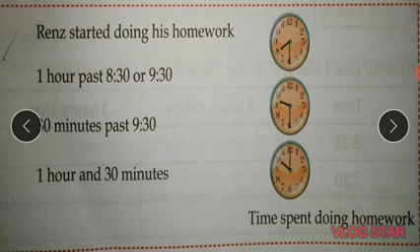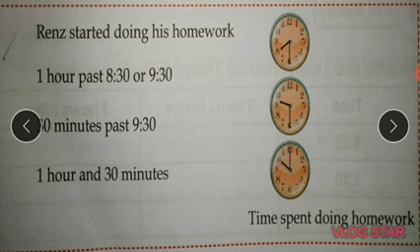So from 8:30 to 9:30, that is 1 hour. From 9:30 to 10, that is 30 minutes. So that would be 1 hour and 30 minutes. As you observe, we chopped it into 2: 8:30 to 9:30, and 9:30 to 10.